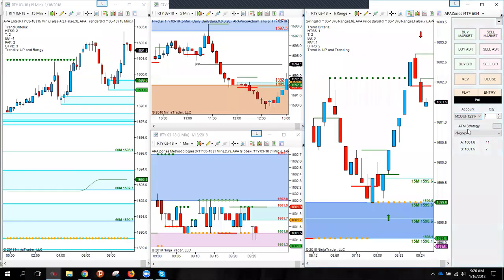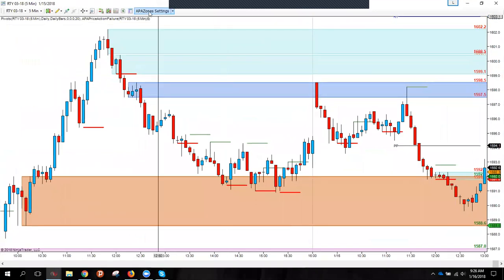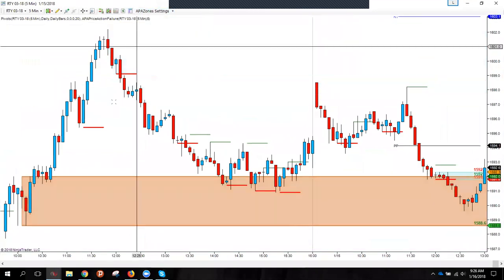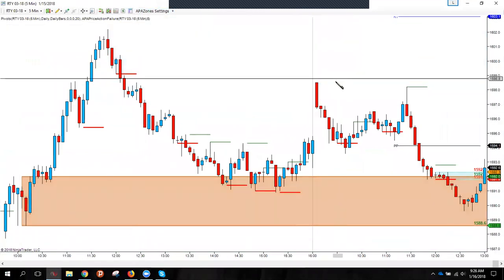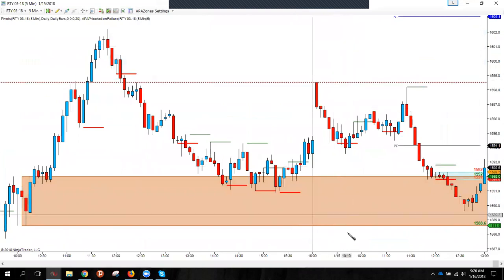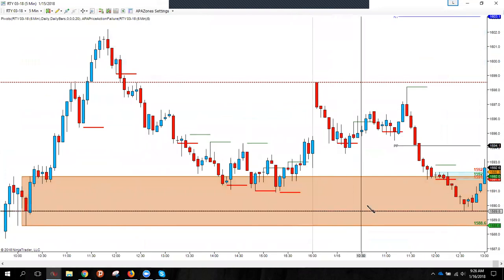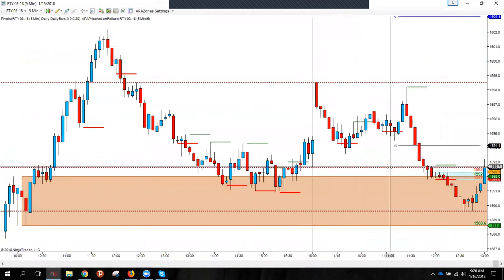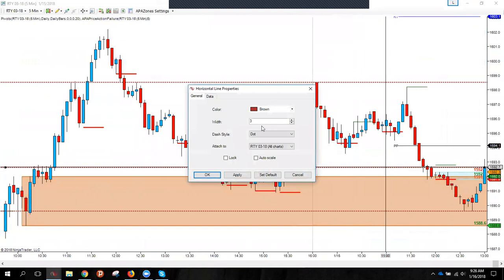Okay, we're back. And we're going to set up the charts now. This is my 5-minute RTH on the E-mini Russell. Yesterday's open, close, low, and high.